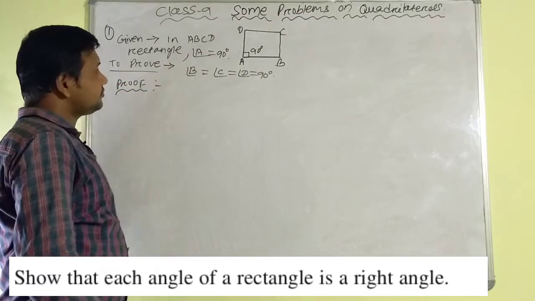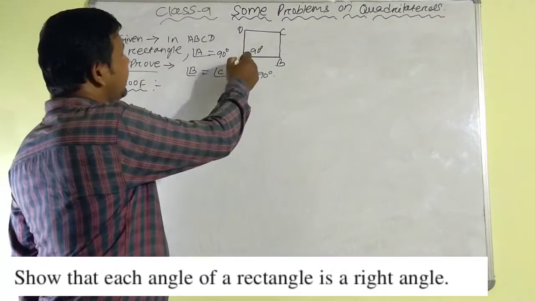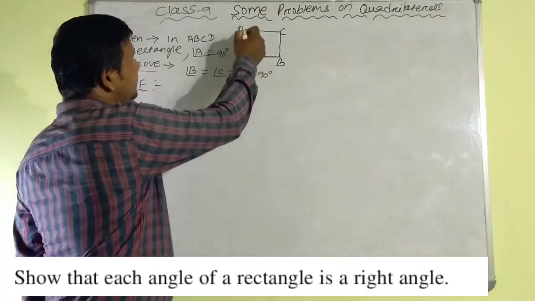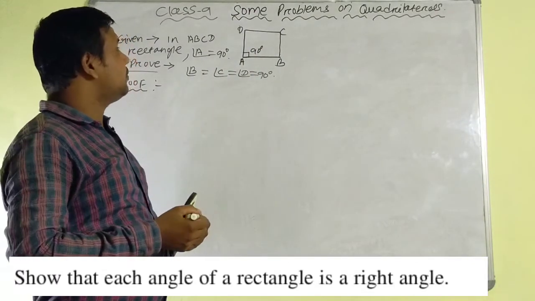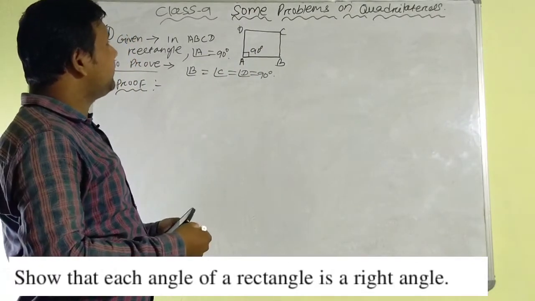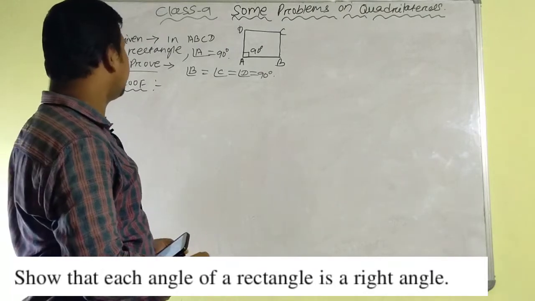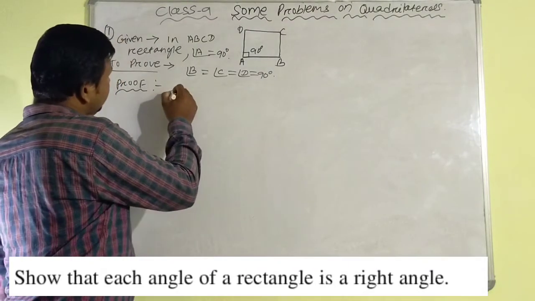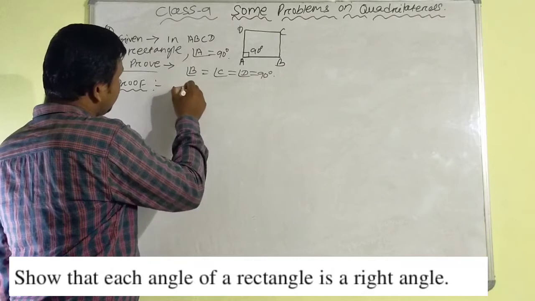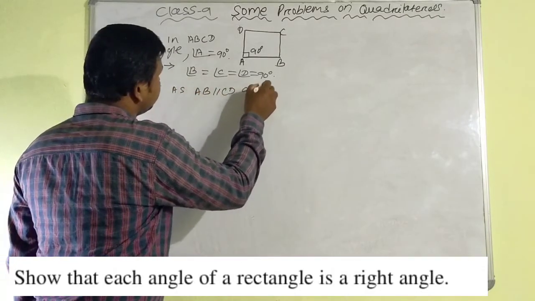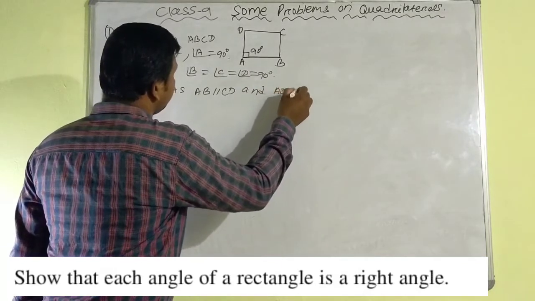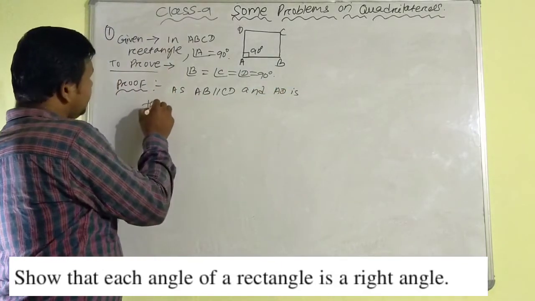As you know, angle A and angle D add up to give 180 degrees. Why? Because AB is parallel to CD. Okay, we'll write AB parallel to CD and AD is the transversal.